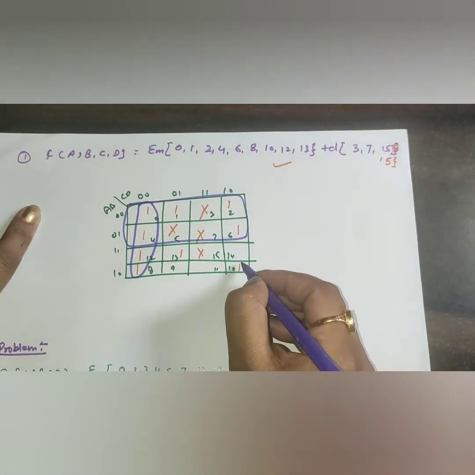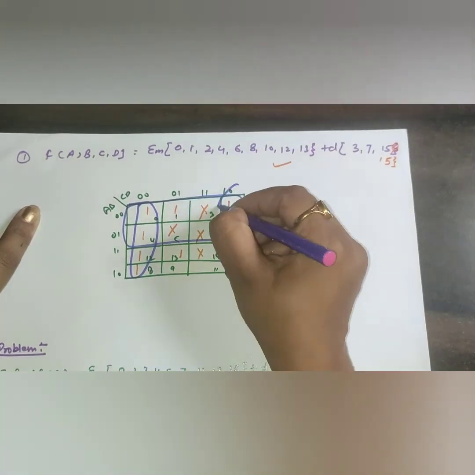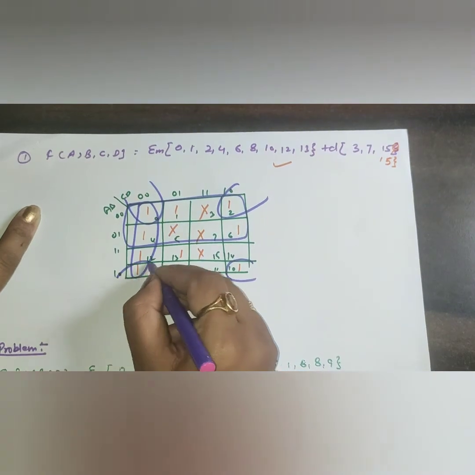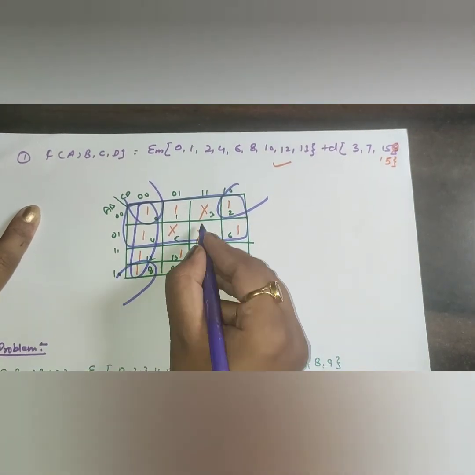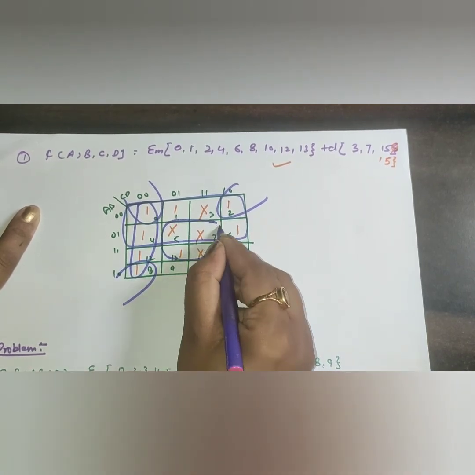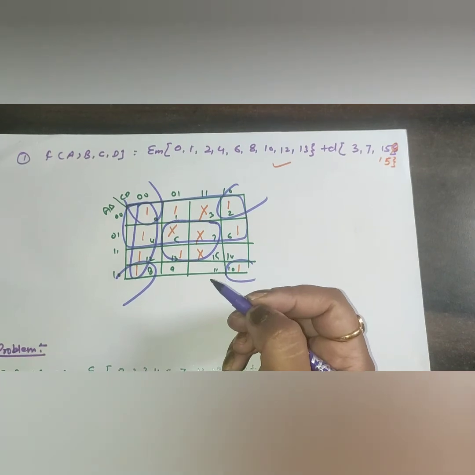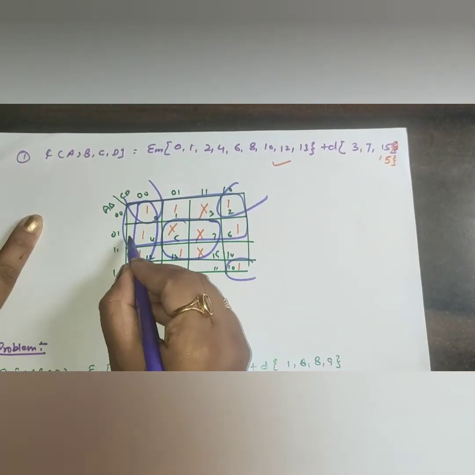Now this one can make the group with the corners. Now this one is remaining, so we can make the group like this because there is the don't care condition.